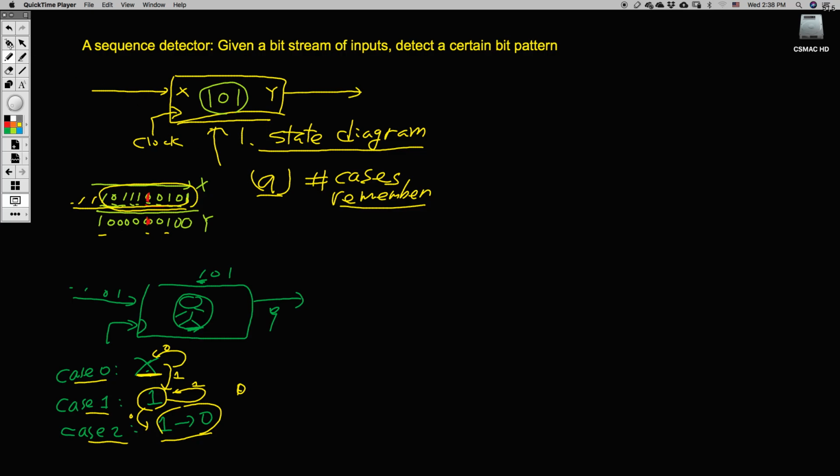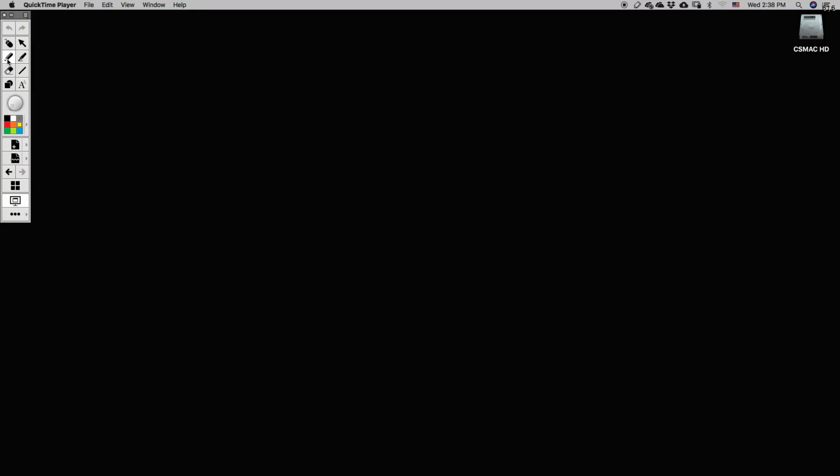create a state diagram. Our goal is a 101 sequence detector, and we have 3 cases. So let's have each as a state. State 0, the bit pattern has not started yet. State 1, the very first bit has been received.